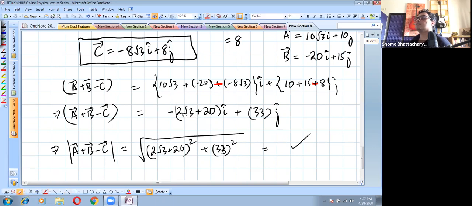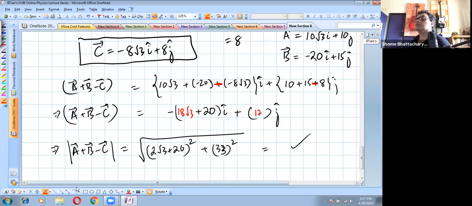So this will become, so these values will become 10 root 3 minus of minus 8 root 3. So that is 18 root 3. And this will become 10 plus 15, 25 minus 8. Okay. So 25 minus 8 will give us 17.